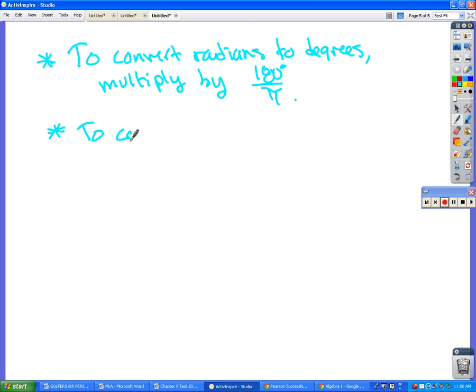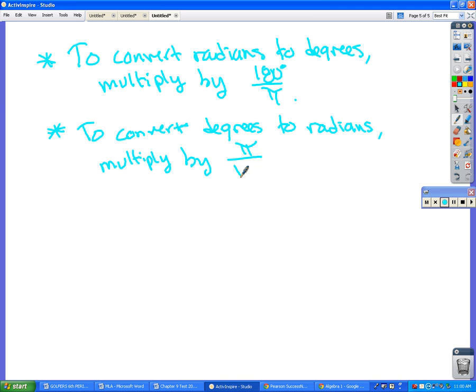To convert degrees to radians, as Forrest figured out, you multiply by pi over 180. So that's your little cheat sheet there.